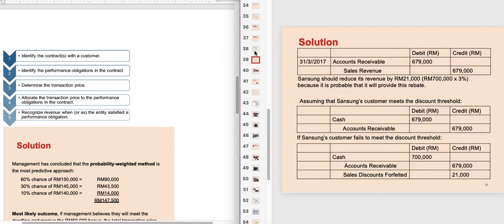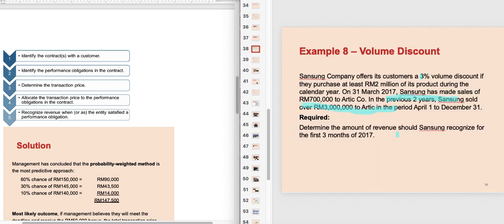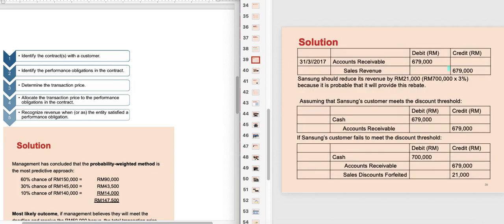So on 31st March 2017, we will recognize the revenue as 679,000, which is the deduction for the bonus, that is 700,000 times 3%. Because you are selling to Arctic 700,000, we multiply by 3% and get 21,000. So 700,000 minus 21,000, we only recognize revenue of 679,000.